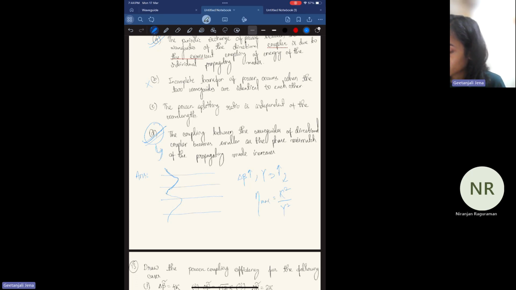So if gamma increases, the power exchange to port 2 will decrease. So this is correct: the coupling between the two waveguides of the directional coupler becomes smaller as the phase mismatch of the propagating mode increases. We'll see in detail in the next question how this is true. Okay.